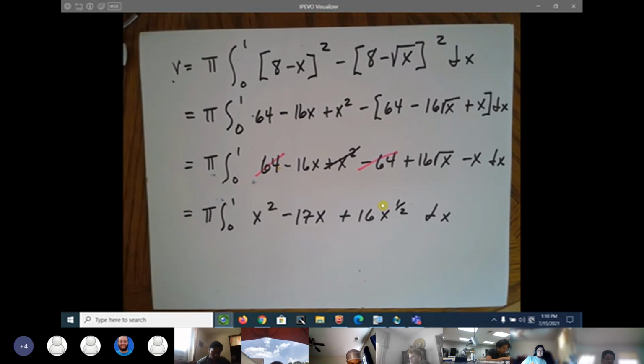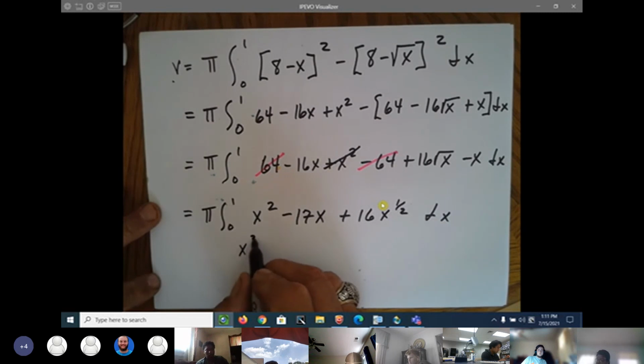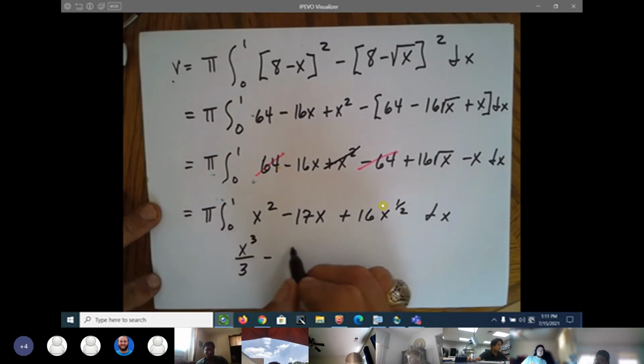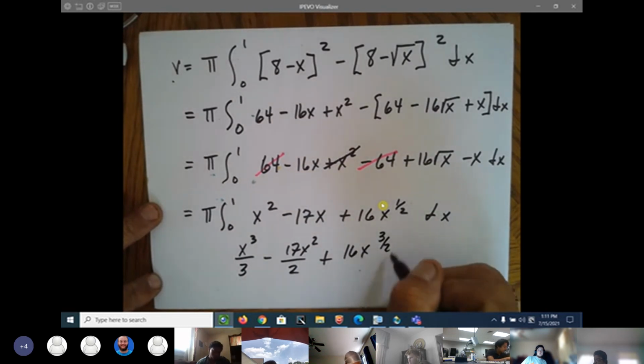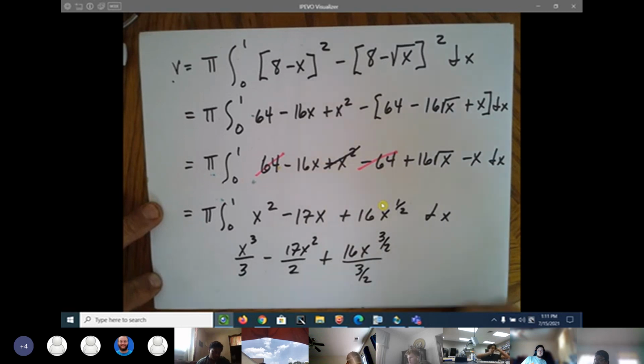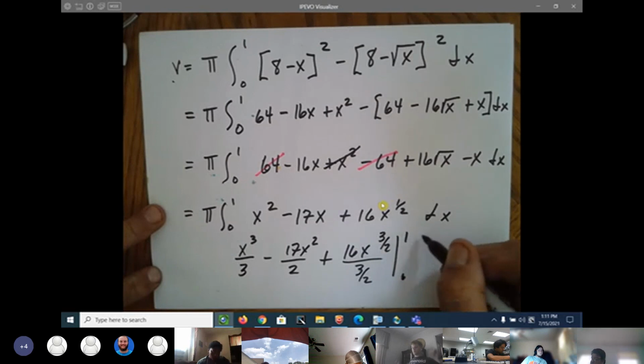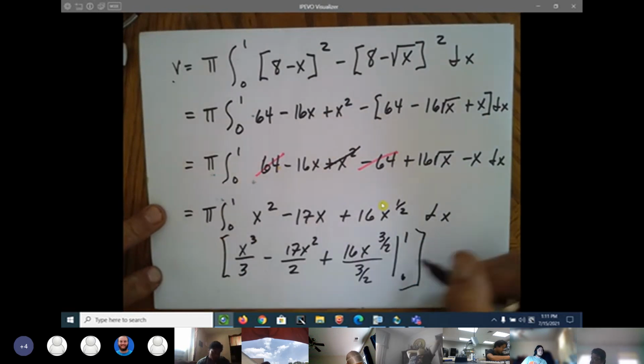Give you 30 seconds to check everything. And that's going to be x cubed over 3 minus 17x squared over 2 plus 16x to the 3/2 over 3/2, evaluated at 0 and 1, multiplied by pi.